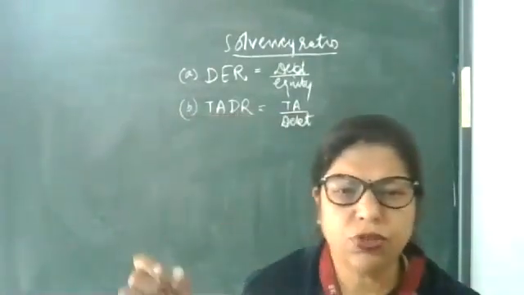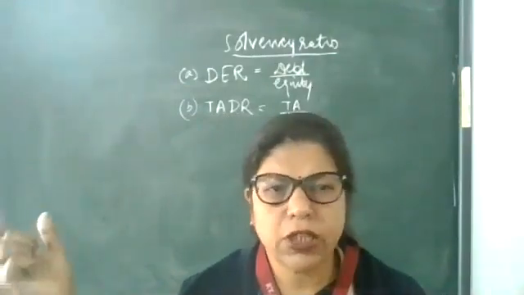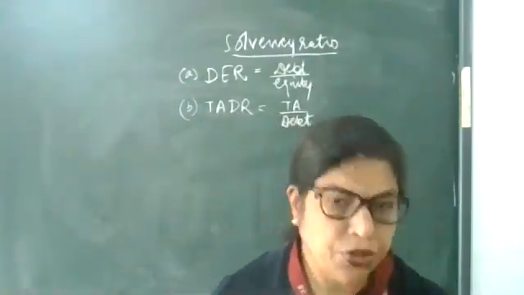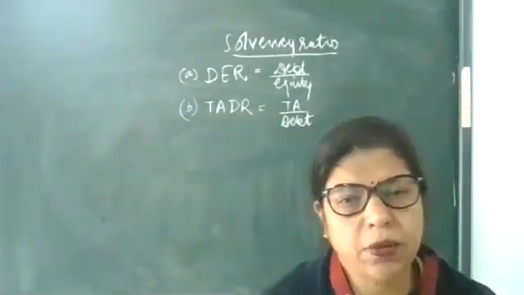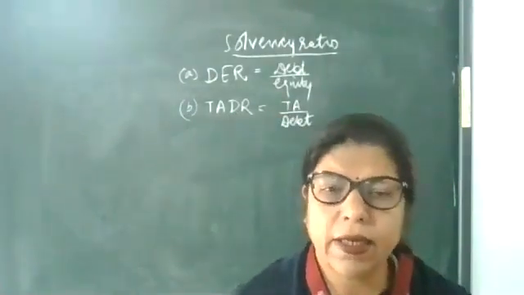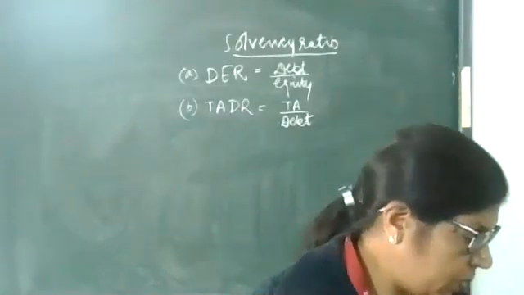So it's easy to learn. The formula is TADR, total asset to debt. Total asset means sum of current asset and non-current asset. Please note down.